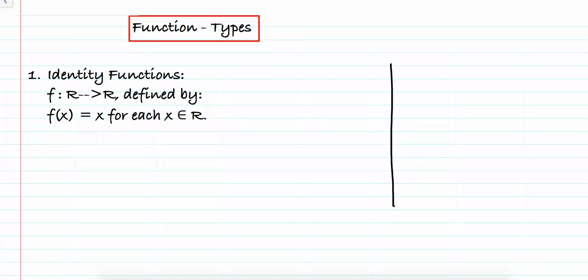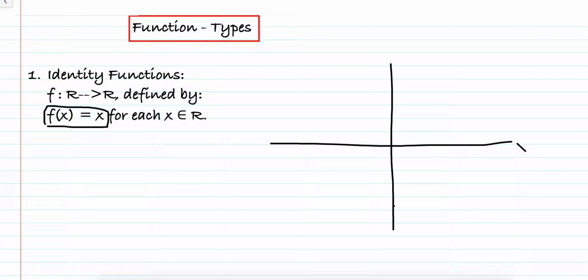So in the last class we had seen that whenever we want to draw a graph of a function, we first draw a table. So since this function is very simple, we don't need to draw a table. We can directly plot. So this is our x-axis. This is negative x-axis. This is y-axis.